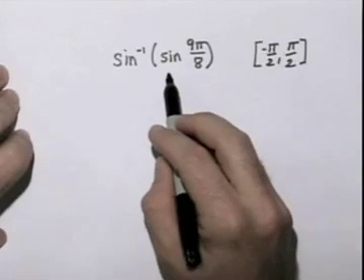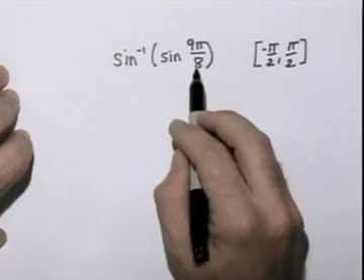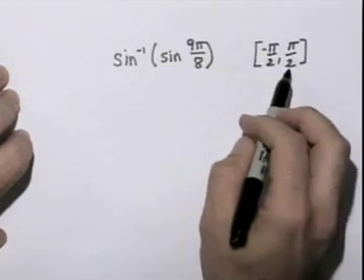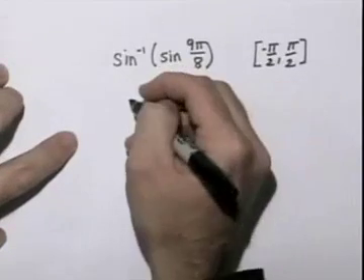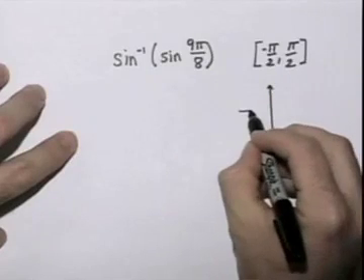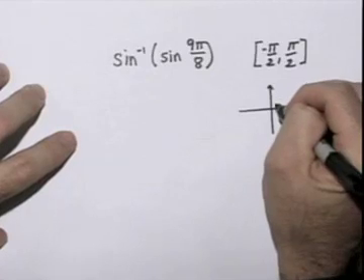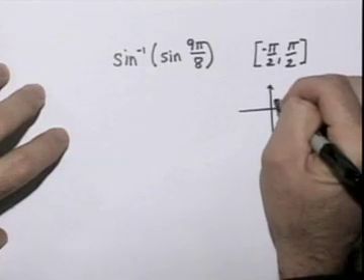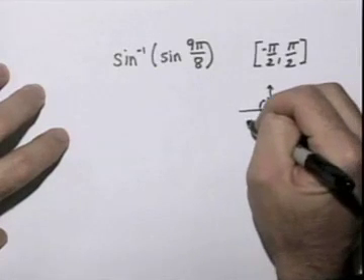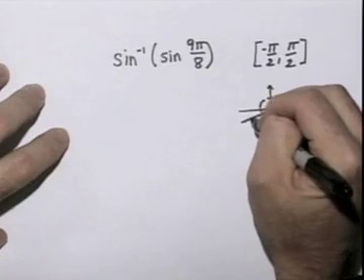However, we can rewrite this expression to find an equivalent sine that does have an angle that's in this particular domain restriction. To figure that out, we recognize the following. 9 pi over 8 is going to be an angle that is somewhere in the third quadrant, where the y-coordinate is negative.